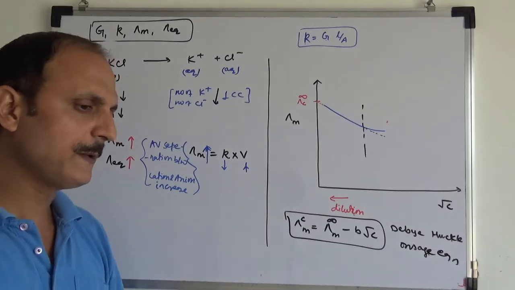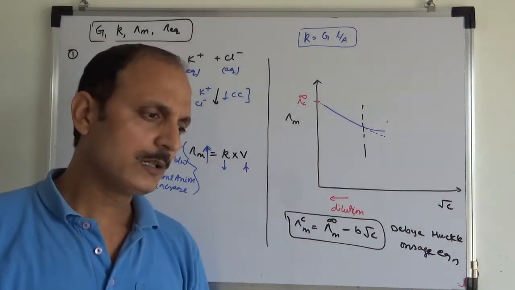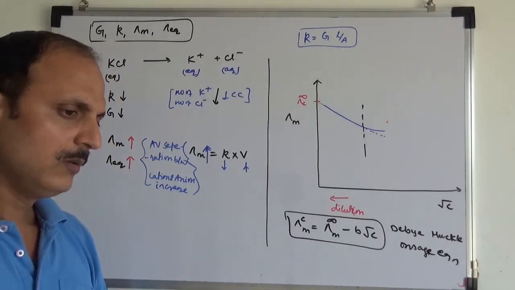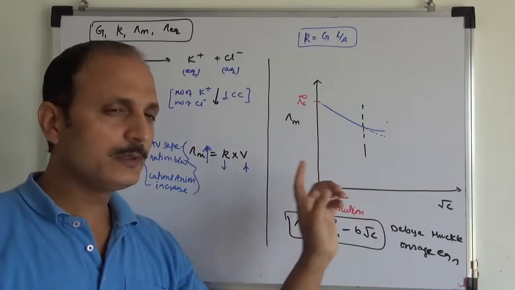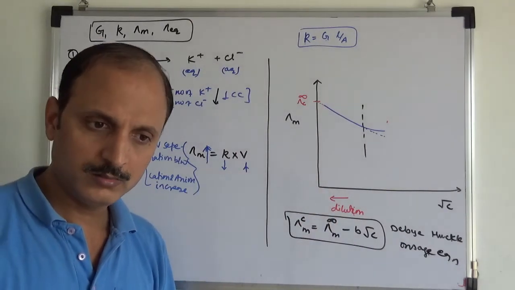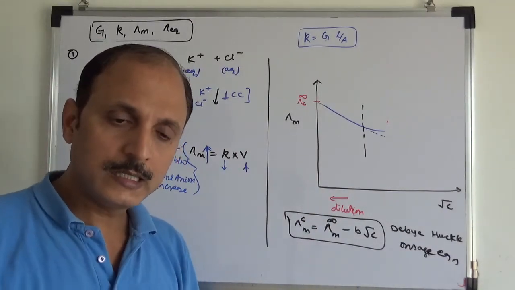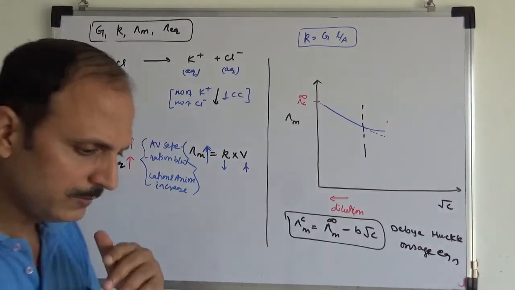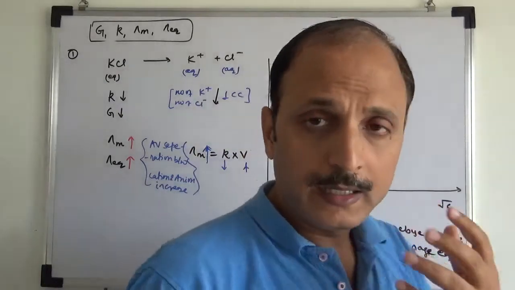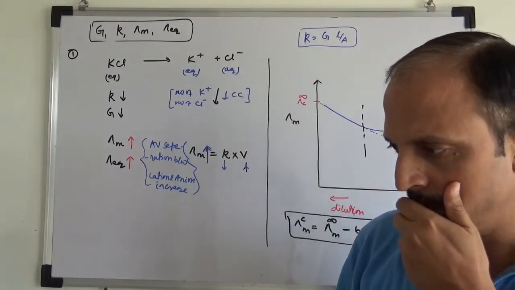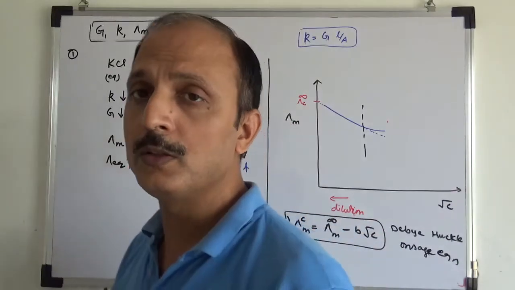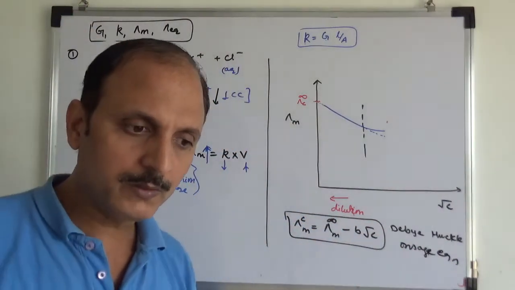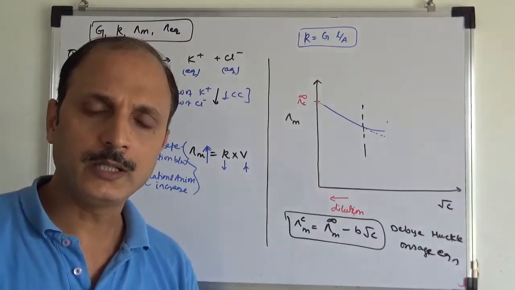Here the question comes: why does molar conductance decrease with the increase in concentration, or why does molar conductance increase with decrease in concentration? I already explained this. As you decrease the concentration, meaning you are diluting the electrolytic solution, the average separation between the ions is going to increase.